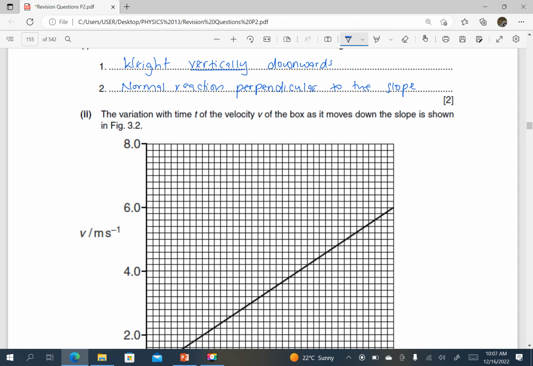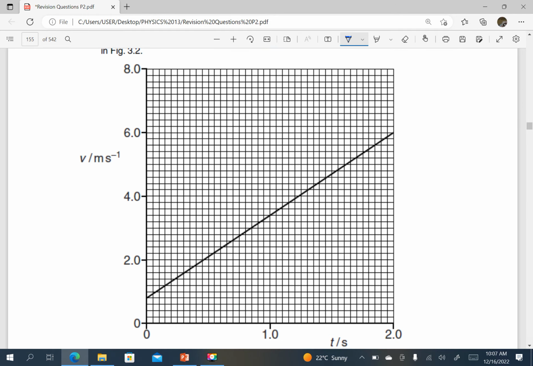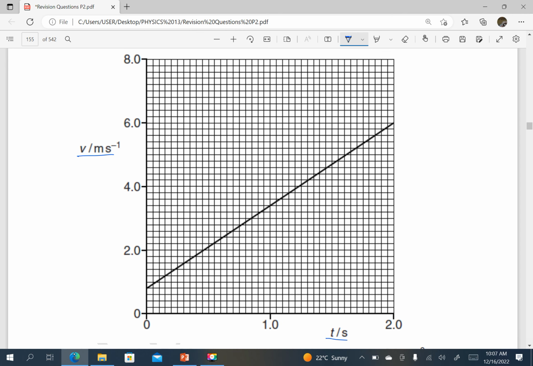The variation with the time t of the velocity v of the box as it moves down the slope is shown in the figure. So this is the variation of v with the time. Of course, we know that if this is a graph of velocity against time, the gradient is the acceleration. The area under the graph is going to be the distance or the displacement, whatever.